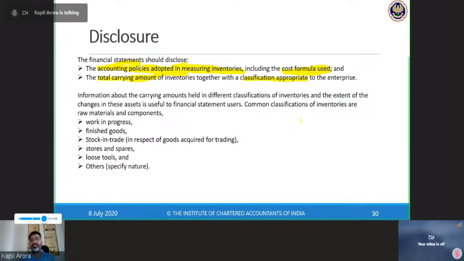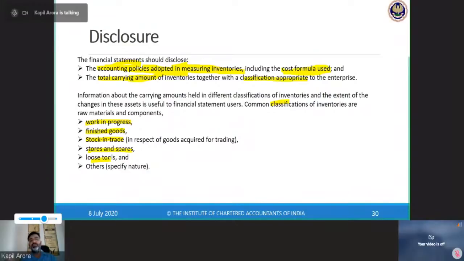The common classification is work in progress, finished goods, stock in trade, stores or spares, loose tools, consumables. All these things would be shown somewhere in the notes.